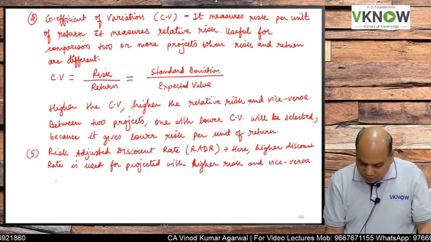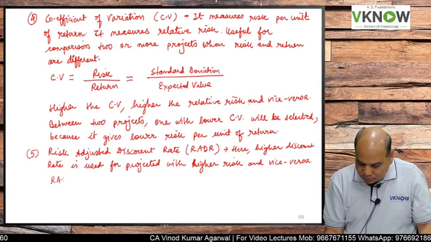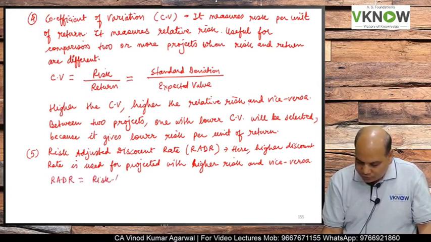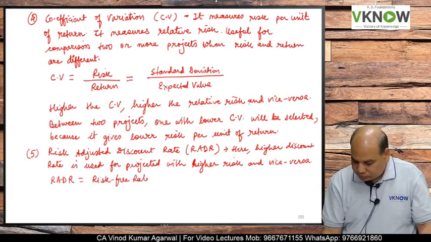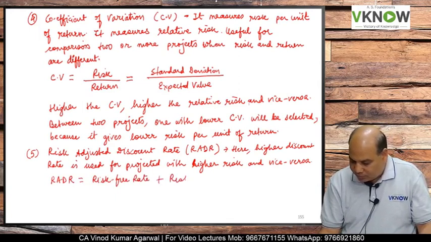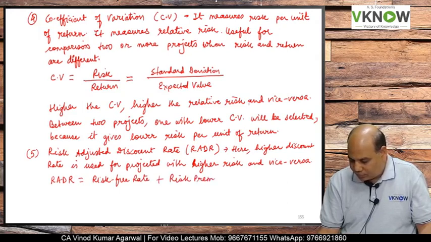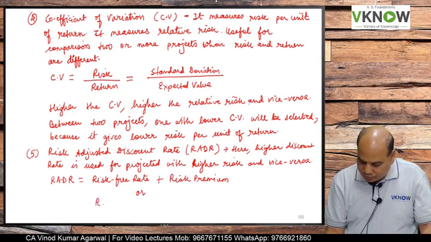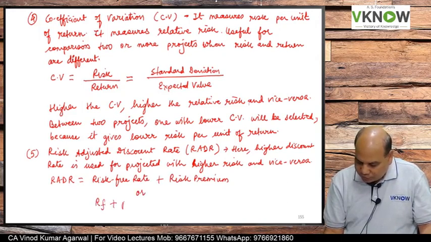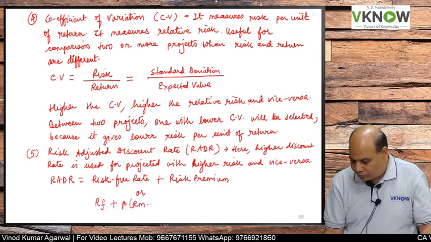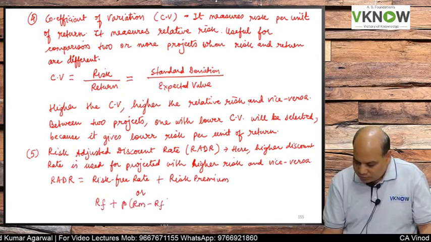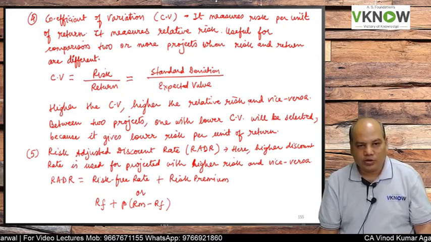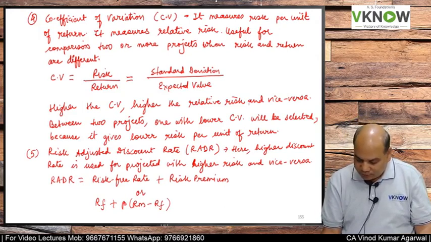So how is it calculated? One formula is: risk adjusted discount rate is risk free rate plus risk premium, or RF plus beta into RM minus RF.